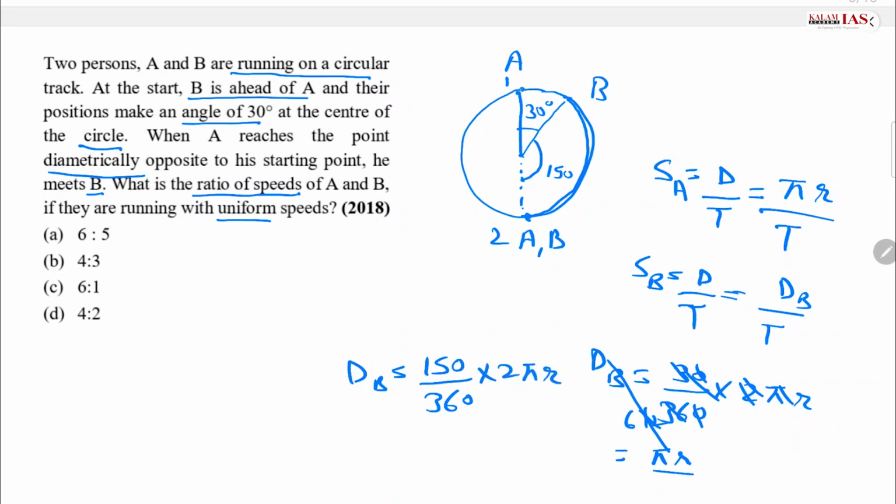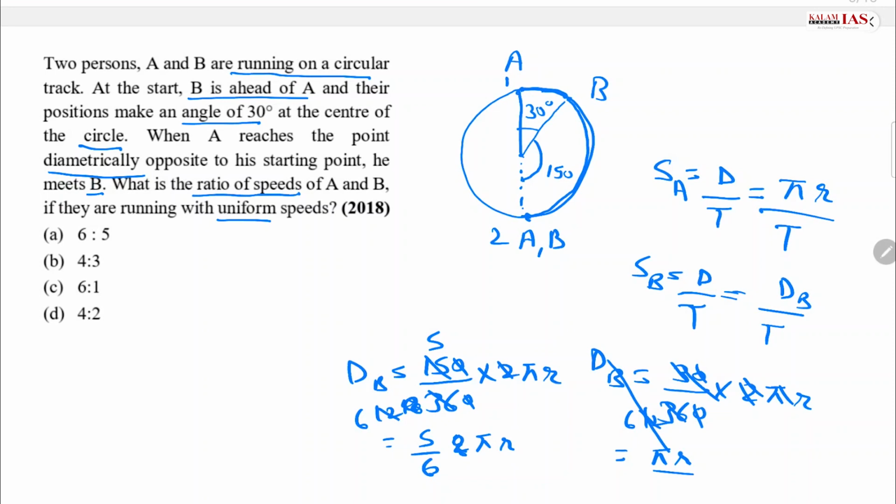If we have to calculate this part from A to B, then it will be 30 by 360 into 2 pi r. So this will be equal to 5 by 6, 2 pi r, pi r.